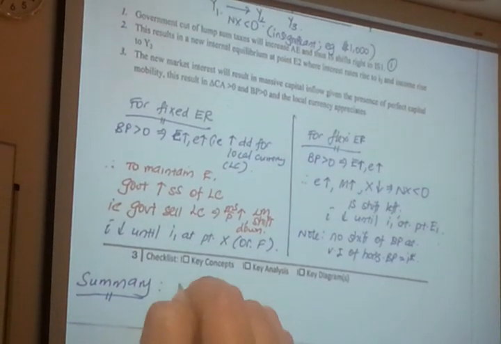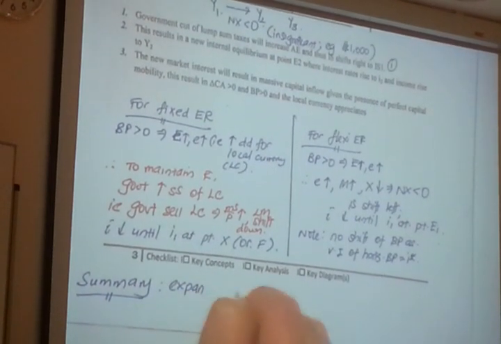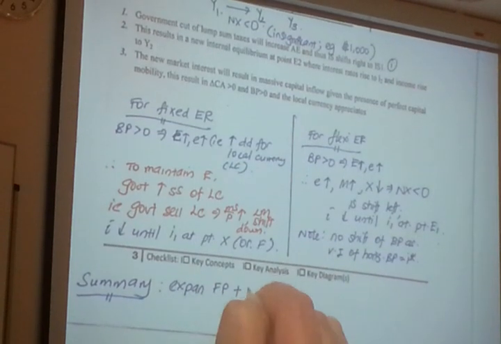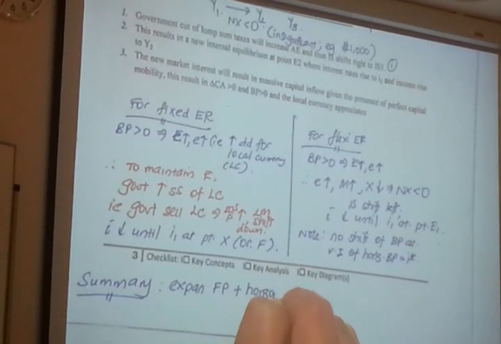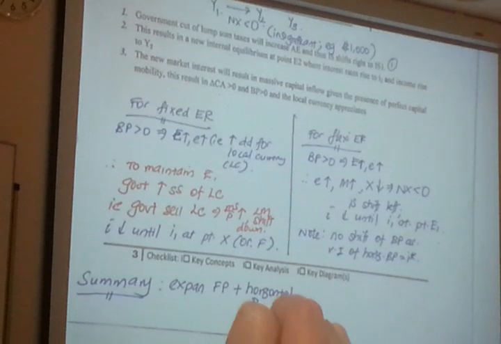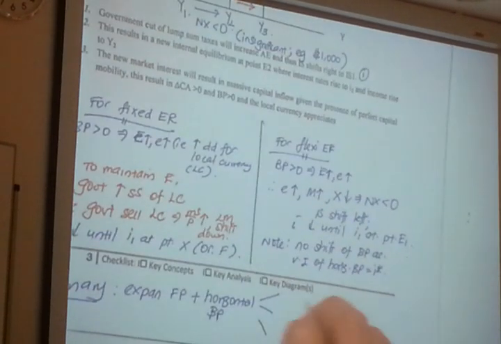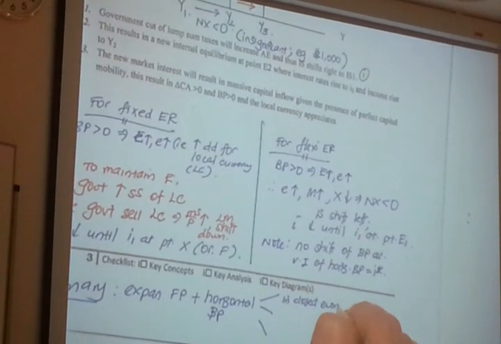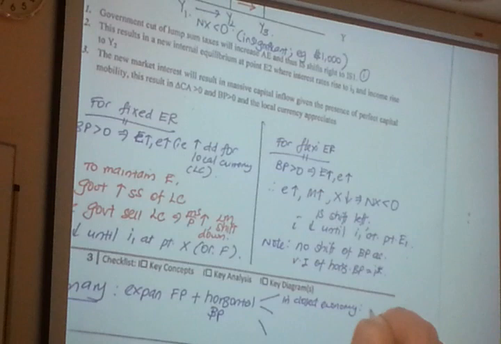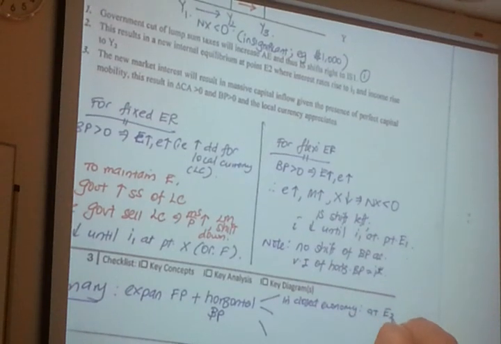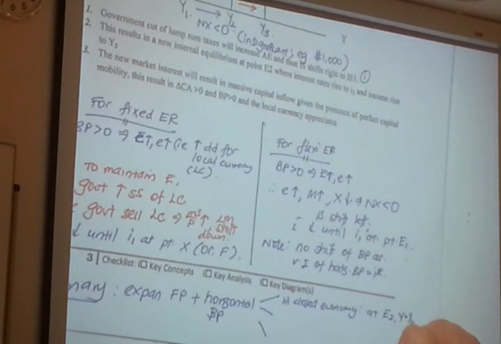We are evaluating expansionary fiscal policy with horizontal BP. So we actually have 3 types of outcome. If you are in a closed economy, you merely reach E2. Income is Y2.